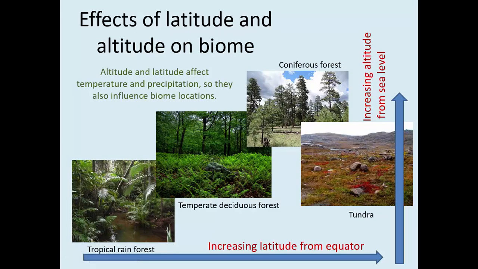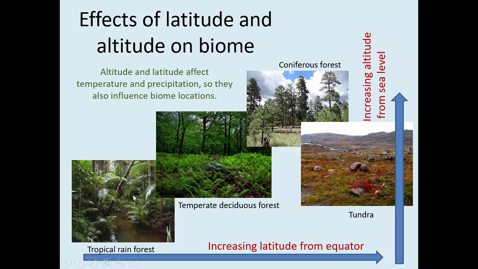Another effect that we see in addition to precipitation and temperature would be the effect of latitude and altitude on the biome. And these are important, of course, as you travel further away from the equator, it tends to be colder, so that's also a temperature effect. And as you travel up in elevation from sea level, it tends to be colder. So basically, as you go to this end of the chart here, these are colder areas than the bottom left-hand corner, where we have very warm, lush jungles.